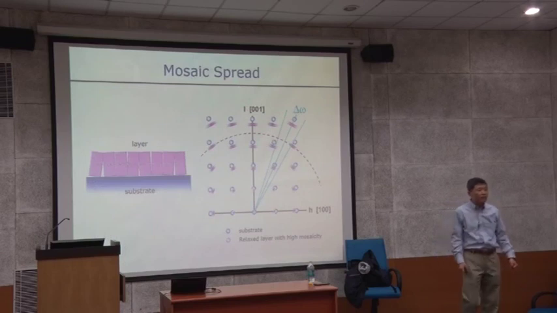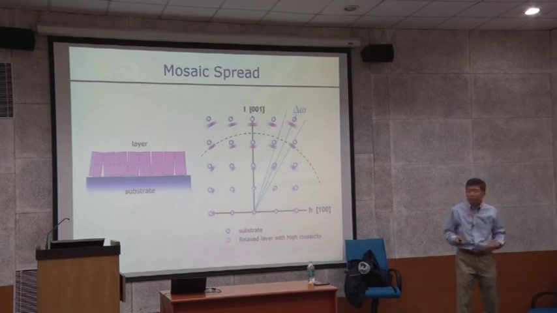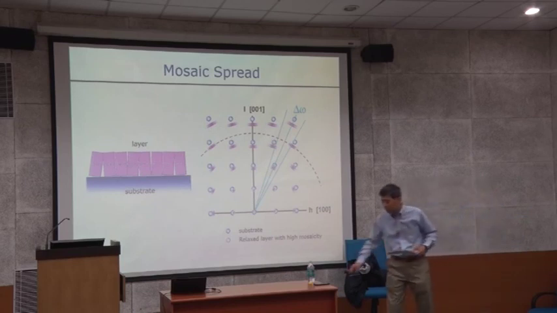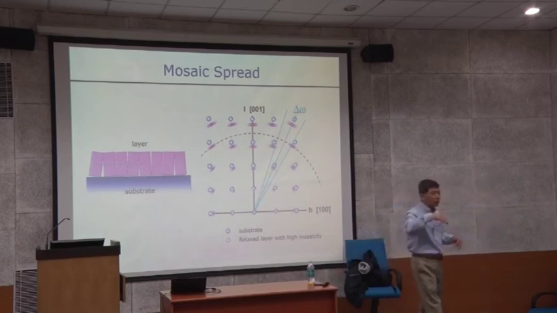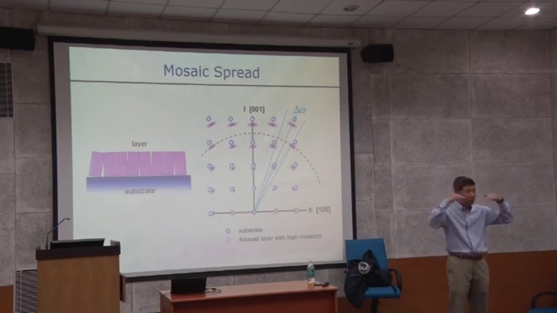What is the mosaic spread? When you grow your thin films, all the grains are not perfectly lined up. So if you go outside here, there are a lot of brick buildings. Can you see the brick buildings? Okay, brick buildings. When building brick buildings, masons actually put the bricks in line very nicely.